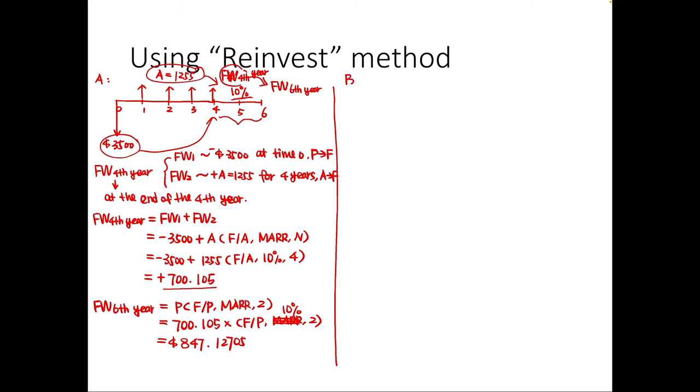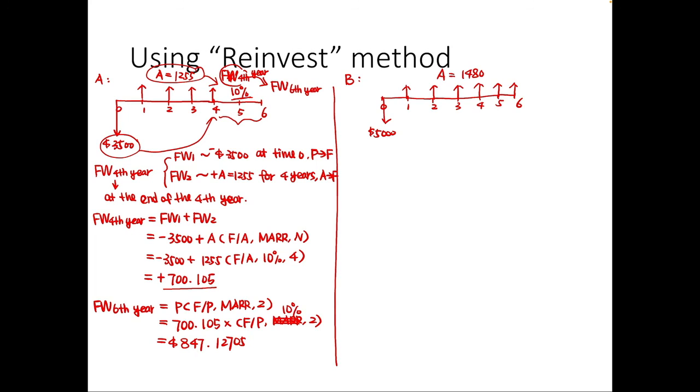847.12705. Okay, now let's do option B. That's easy because option B is already 6 years, so you don't have to do any method to extend or truncate. Just draw the timeline. At the beginning, you pay 5,000, and after that, every year you have positive annuities of 1480. Okay, so now you want to convert everything to the future so that you can compare the FW 6th year with the first option.